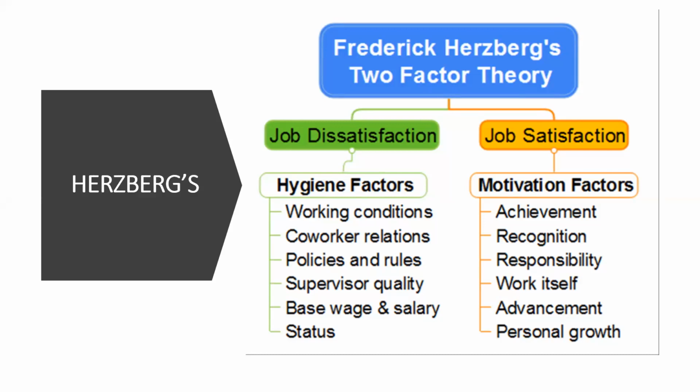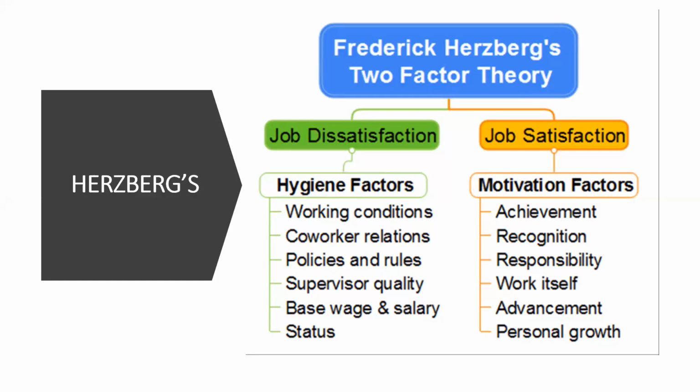The next guy we're going to be looking at is called Frederick Herzberg. Herzberg said that there is a two-factor theory. He said that you have what you call hygiene factors. They are just good.